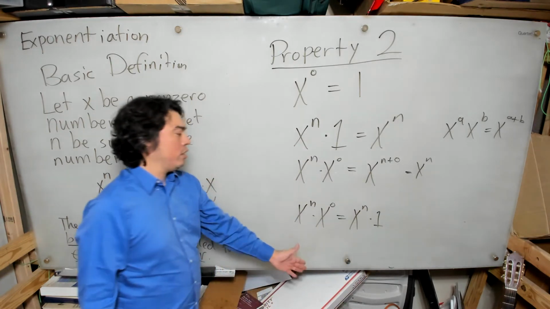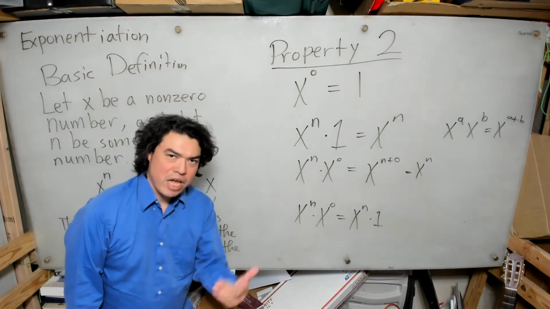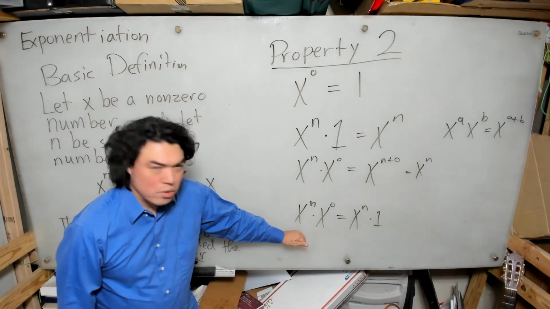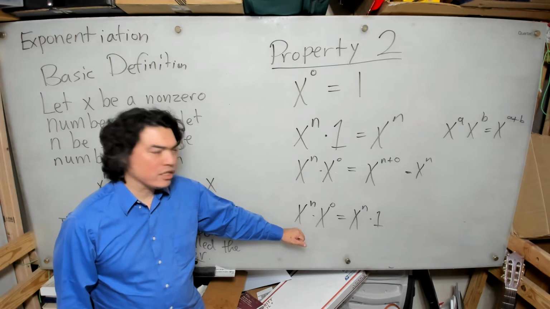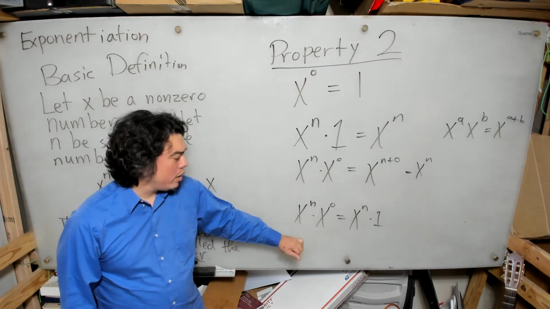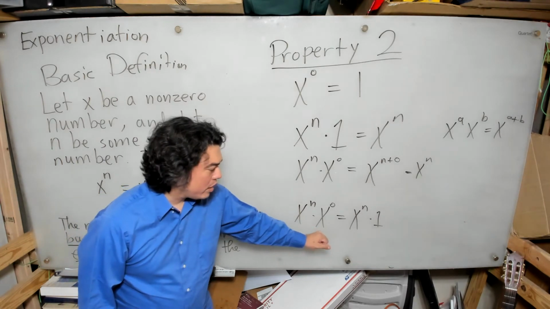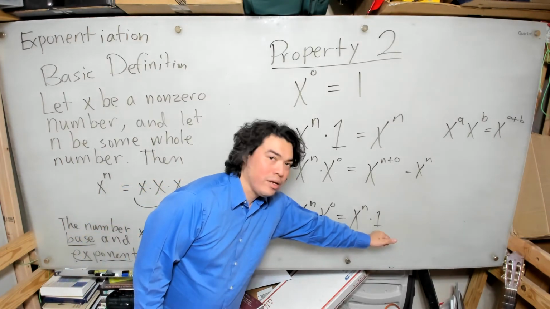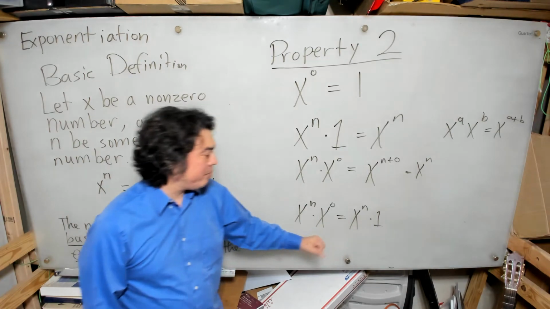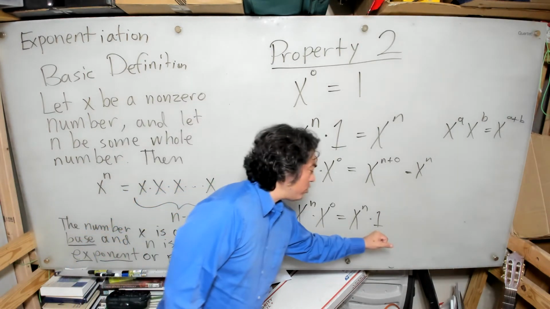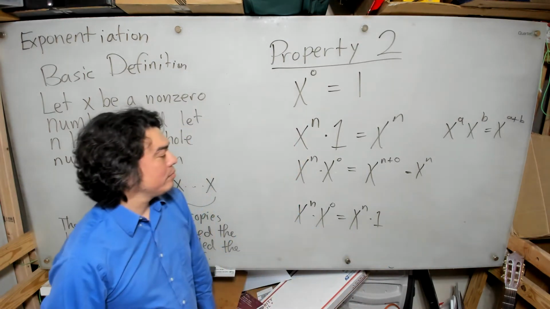Now, just imagine if x to the n were 2. If I had 2 times x to the 0 equals 2 times 1, aha, it must be that x to the 0 is equal to 1, okay?